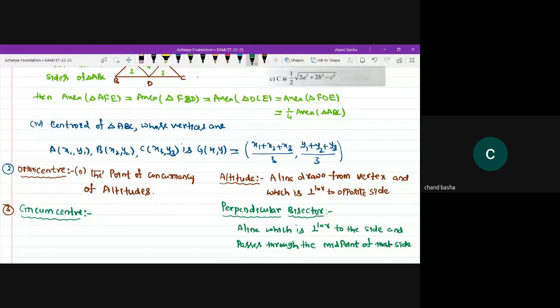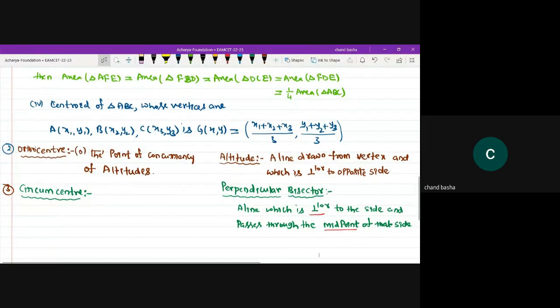Here 2 things happen. One is perpendicular. Another one is the midpoint: it passes through the midpoint, and it is also perpendicular to the same side.